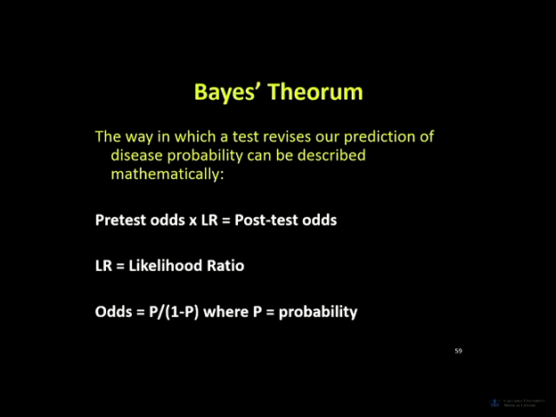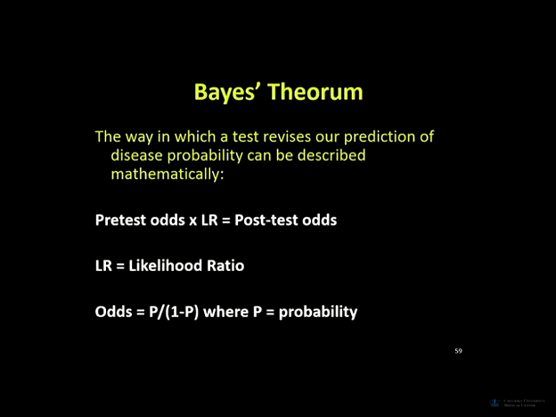So here we're introducing the idea of Bayes' theorem. Basically, everything I've been peppering my conversation with today, where you take a prior and you revise your prior to end up with a posterior odds or probability.